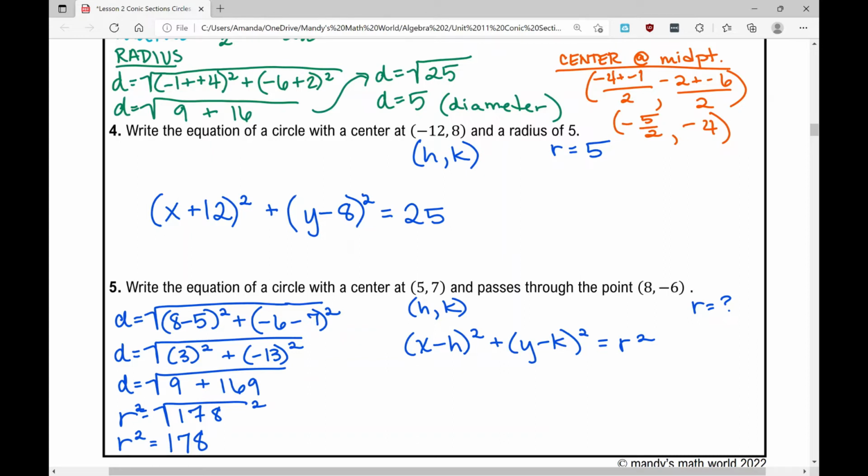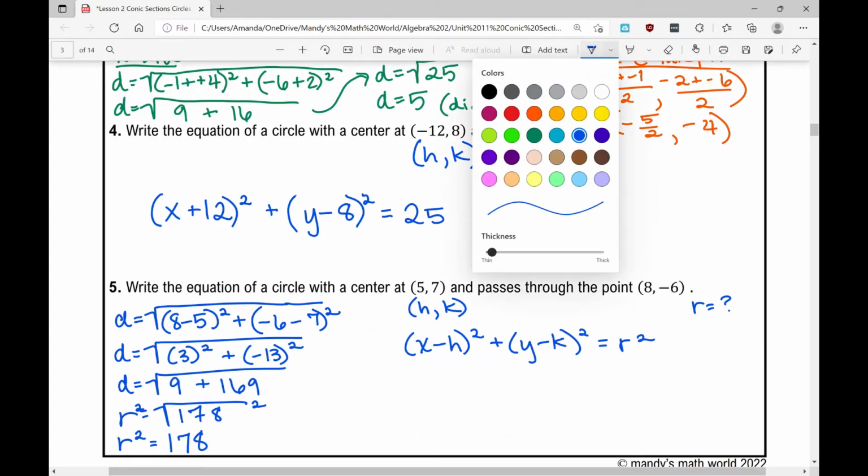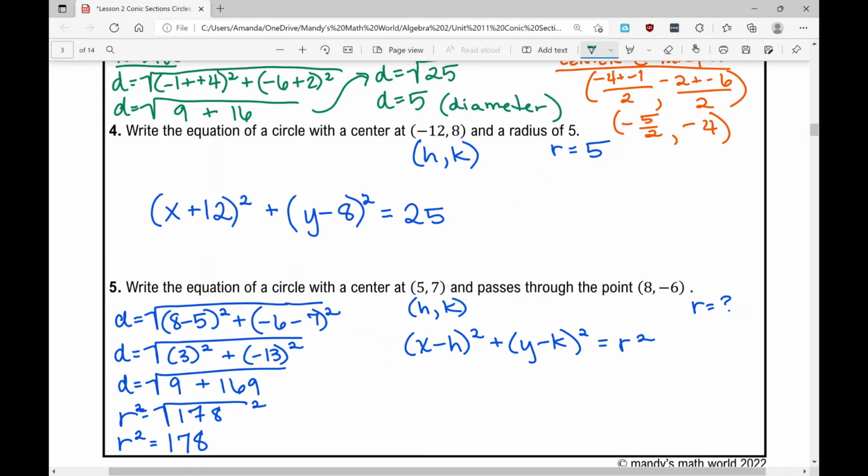Now let's plug in our values. X minus h squared, remember we have h, k at 5, 7. So that's going to look like this: x minus 5 squared plus y minus 7 squared equals, and then my radius squared, we wrote over here, is 178.